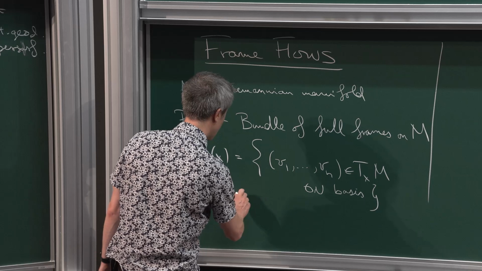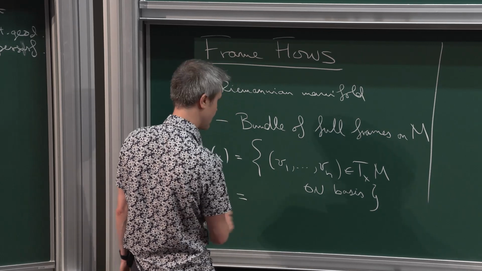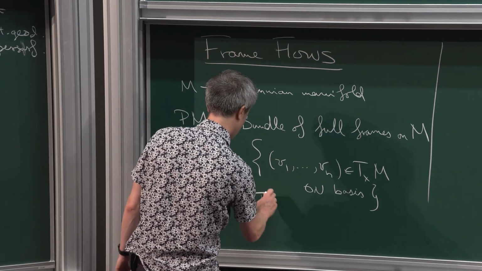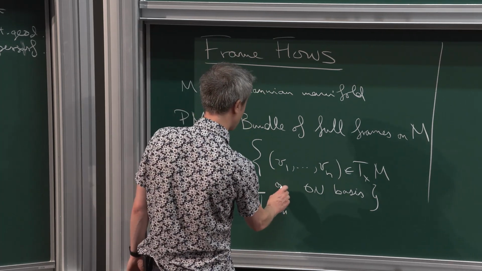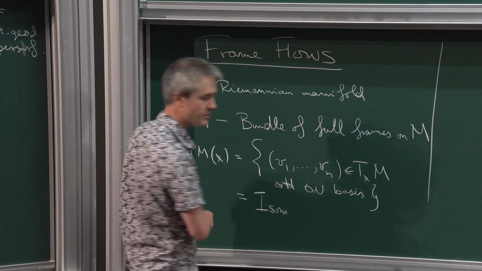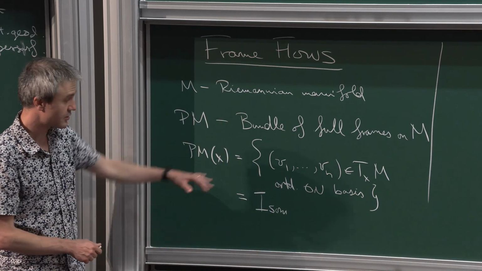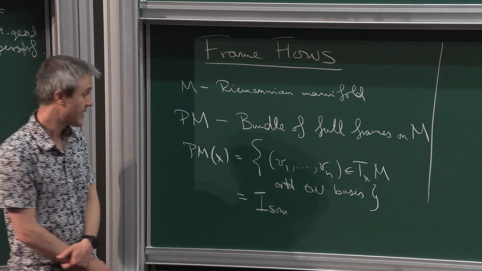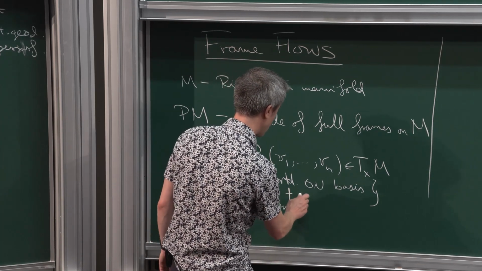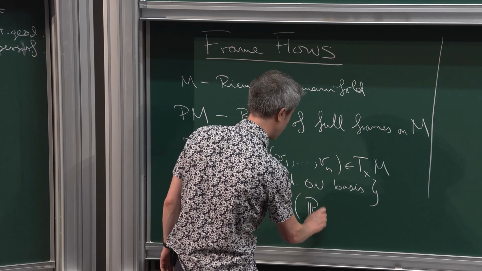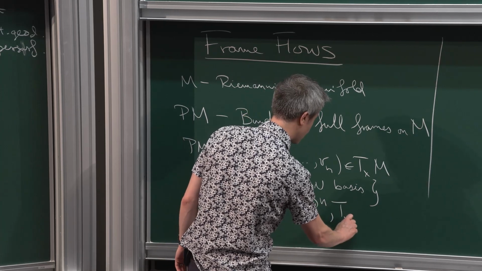So this is the same as the set of oriented, just to be in the connected case, so it's an oriented orthonormal basis. And so this is the same as the set of oriented isometries from R^n onto this vector space.